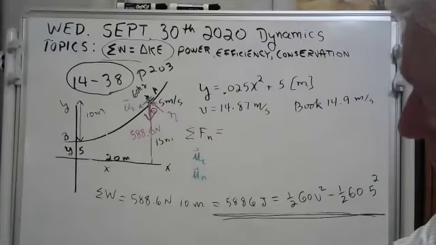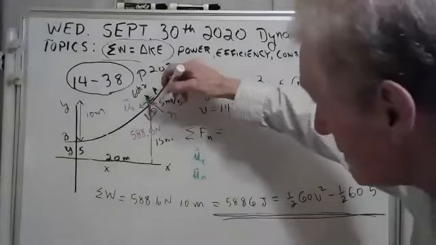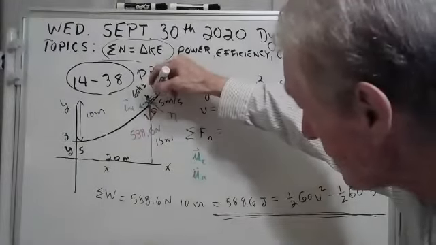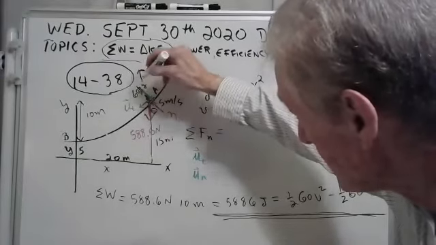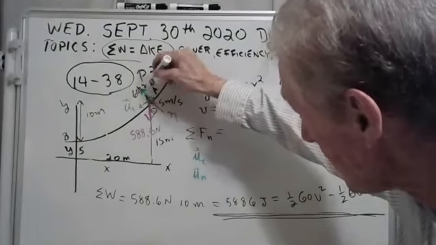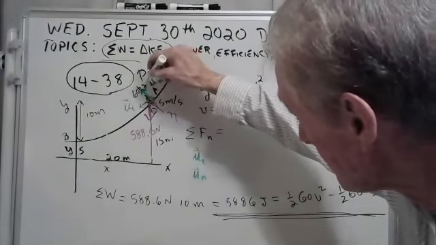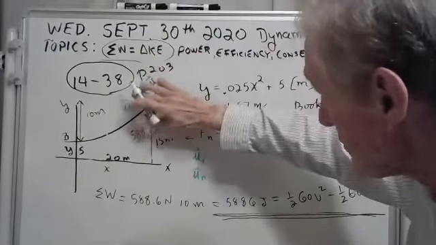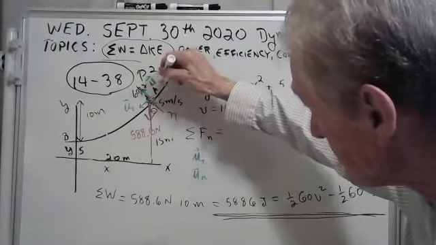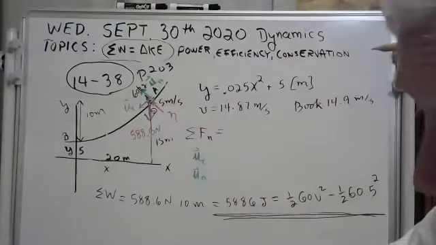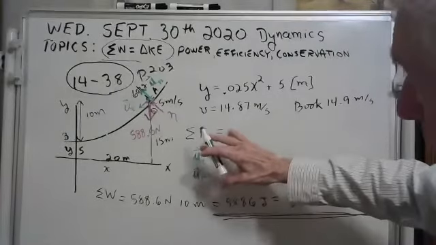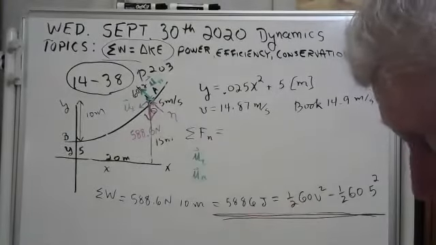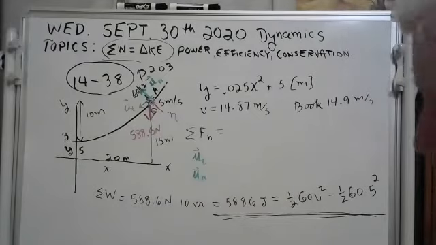Perpendicular to that, pointing up. Yeah, Shane's got it. That's the normal unit vector. It always points to the inside of your curve. Okay, now we're ready.